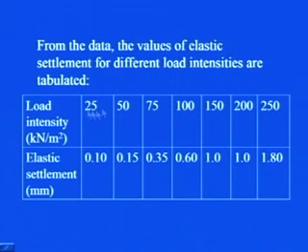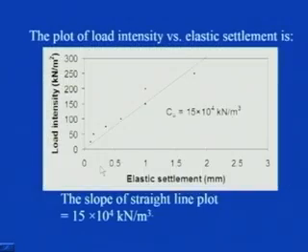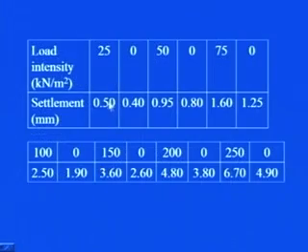So in this case, corresponding to the load intensity 25, the elastic settlement is 0.10. This is 0.5 and 0.4, so the difference of these two is 0.1, which is the elastic settlement for 25 kilonewton per meter square.